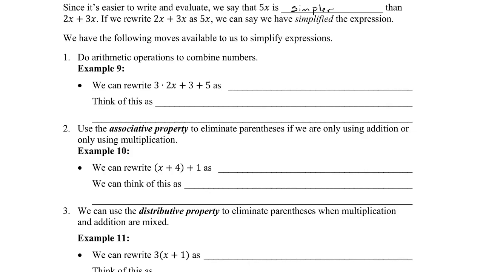So the first move we have is to just do arithmetic to combine numbers. Let's say we have 3 times 2x plus 3 plus 5. So 3 times 2x is going to come first because that's multiplication. So we'll think we have 2x representing 2 boxes of cookies. And we want to make 3 copies of that.